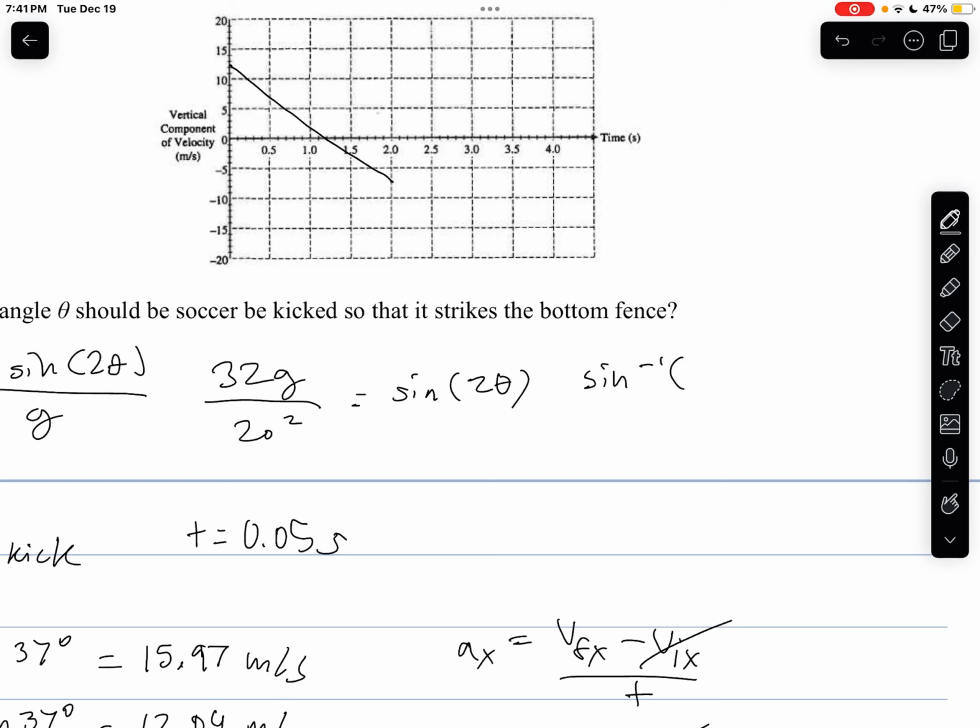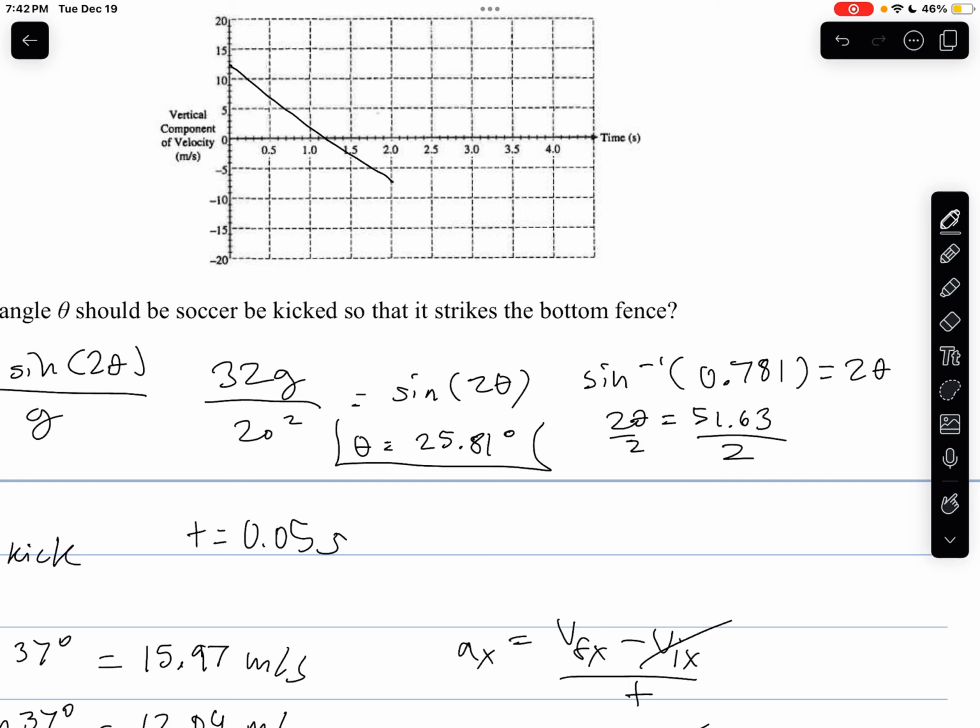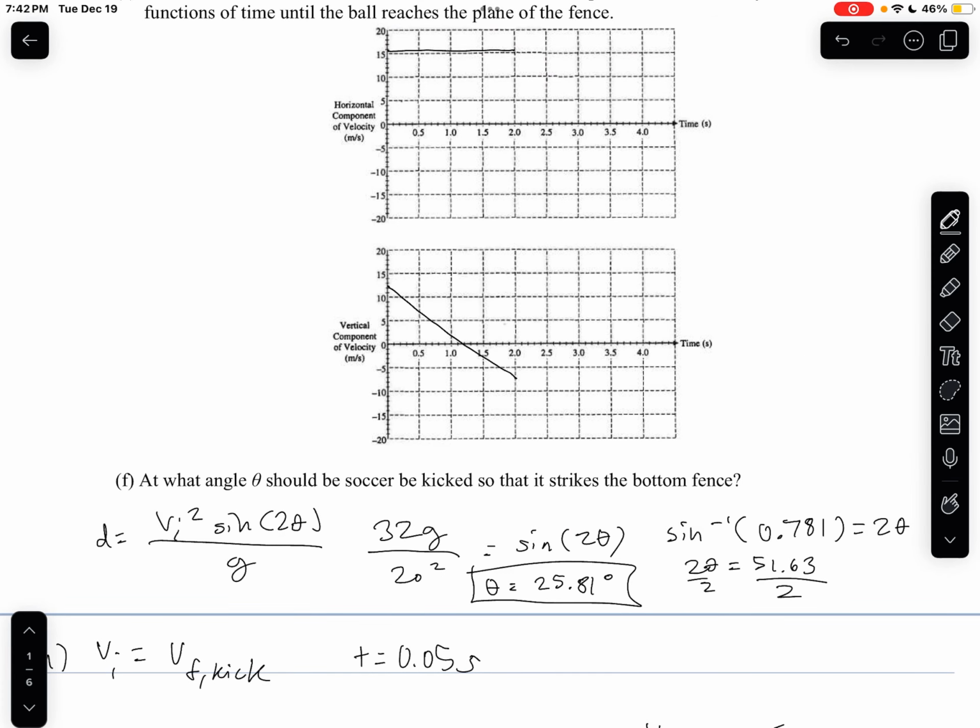So now sine of that is 0.784, which equals 2 theta. But 2 theta is going to be 51.63, and you only want theta, so you divide both sides by 2. So then theta should be 25.81 degrees. Okay, done.